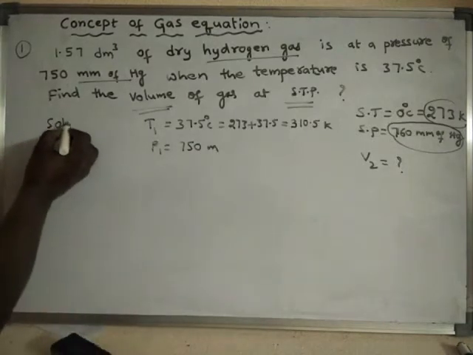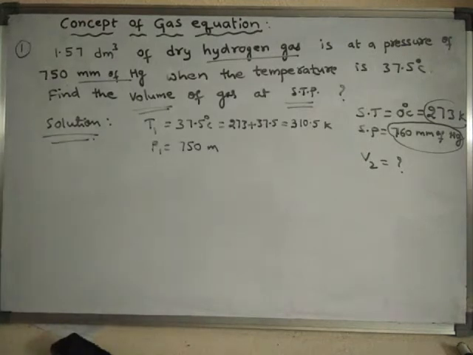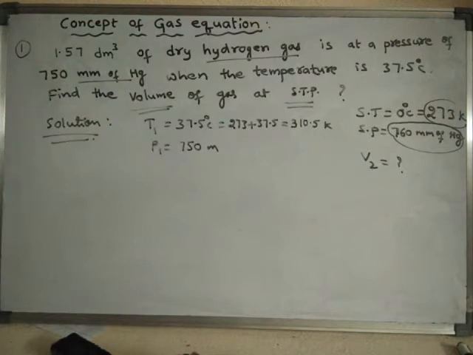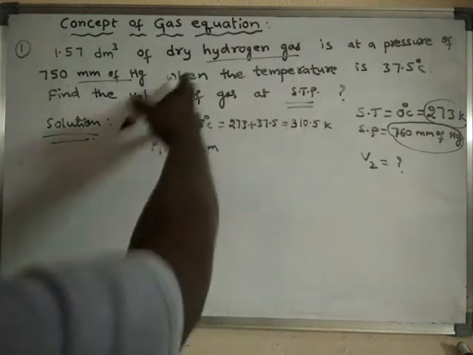So this is the solution. In order to find the volume of gas at STP, we have to take the help of the given data.